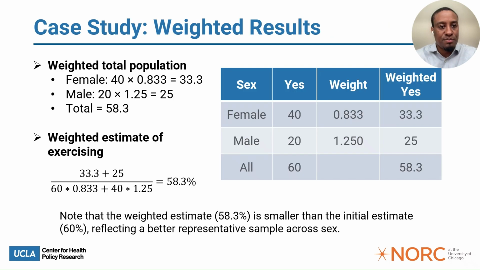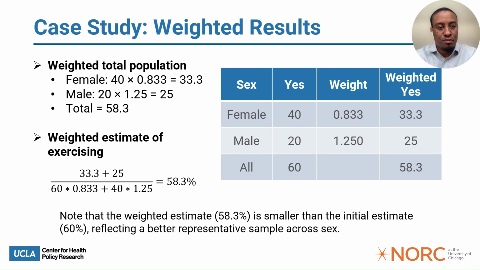We are going to use the post-stratified weight to calculate the exercising rate. We know that in our sample, 40 female said that they were exercising regularly. So we're going to multiply 40 times the weight of the female, then we get 33.3. We're going to do a similar calculation for the male.